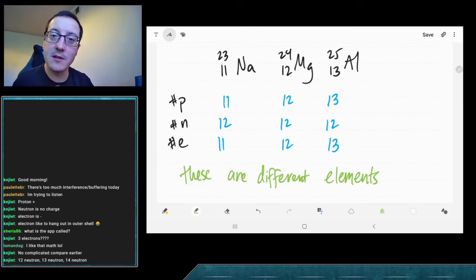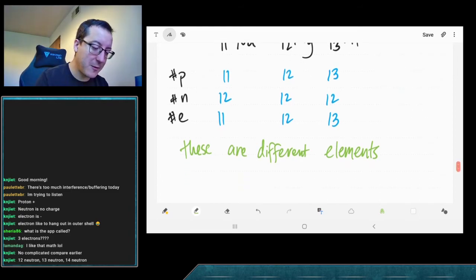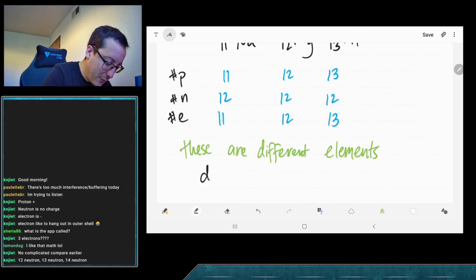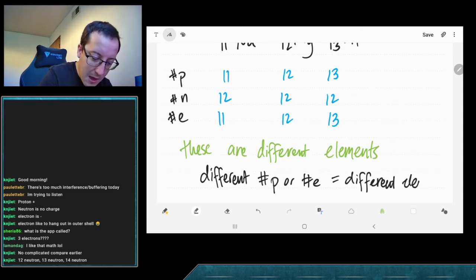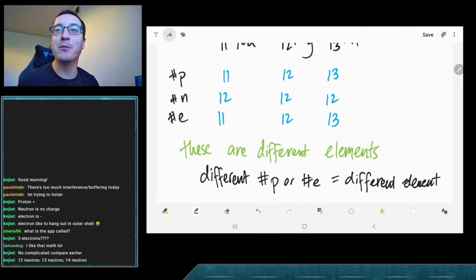They have different symbols, so they're different elements. So for right now, based on this particular chart, we can see that a different number of protons or electrons means a different element. And we are actually going to come back in a moment and make this a little bit more specific.